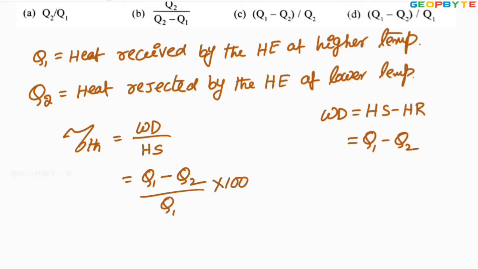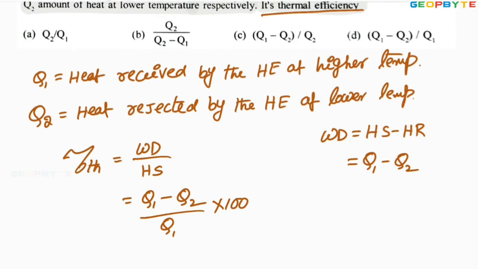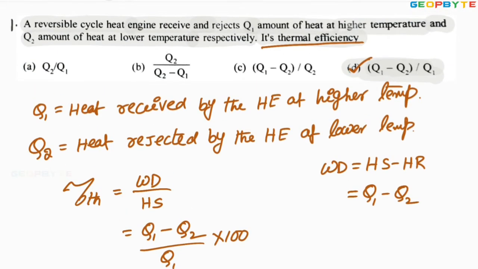This is the formula to find the thermal efficiency of the heat engine in terms of heat transfer. Look at option D, (Q1 minus Q2) by Q1 into 100, that is the thermal efficiency formula for any heat engine. Therefore option D is absolutely correct for the given problem.